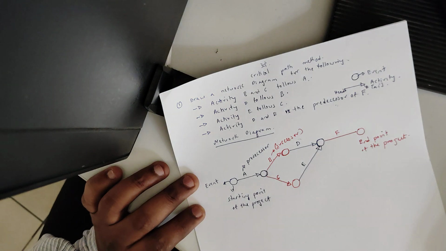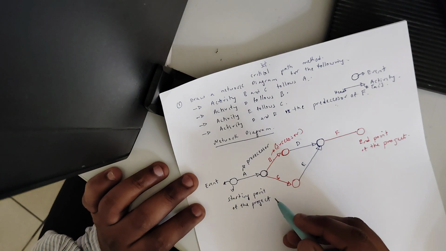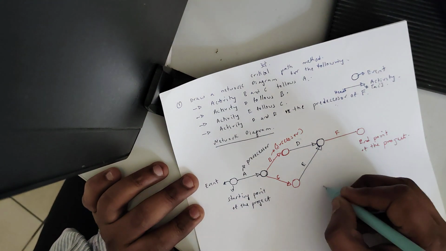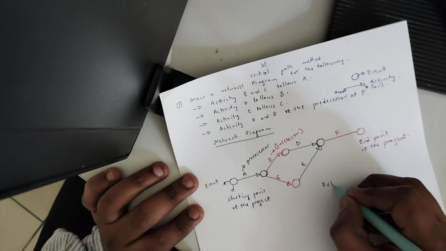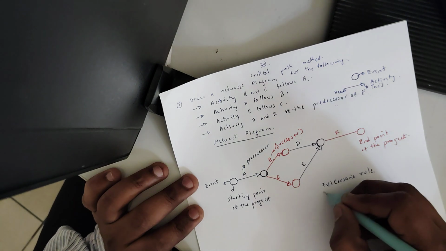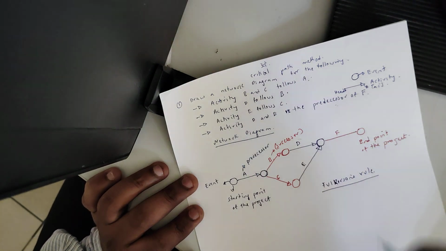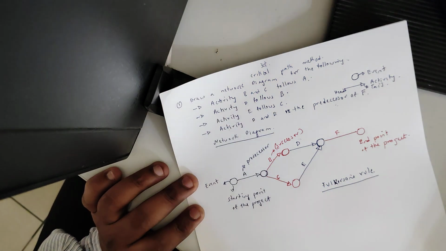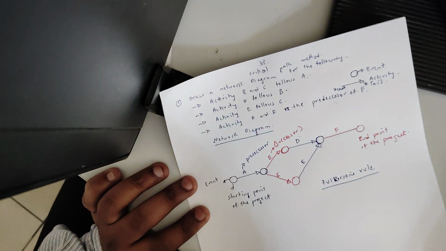Now, to analyze the activities, there is a rule called the Fulkerson rule. Again I am mentioning, it is called the Fulkerson rule. According to this rule, we name the numbers for the events.